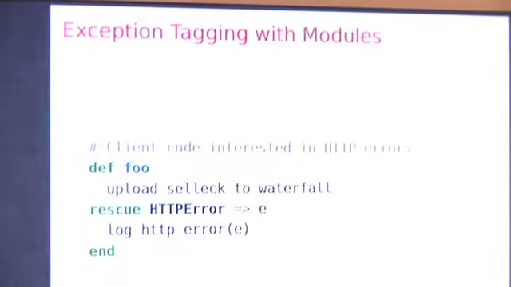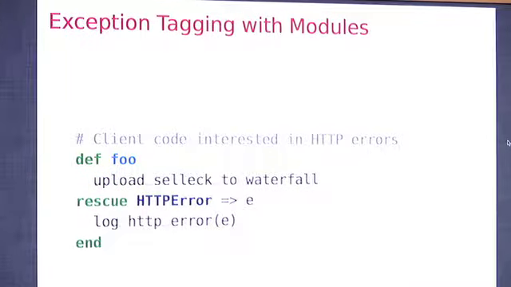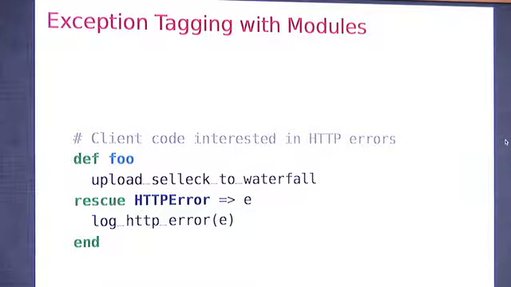Sometimes you run into an issue where client code might want to handle exceptions based on more than one facet of the exception. For instance, some client code might want to just log all HTTP errors triggered across the whole application, no matter where they're triggered.